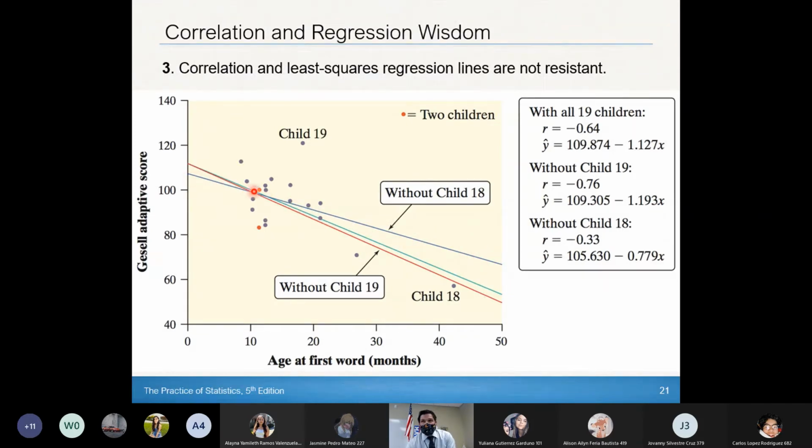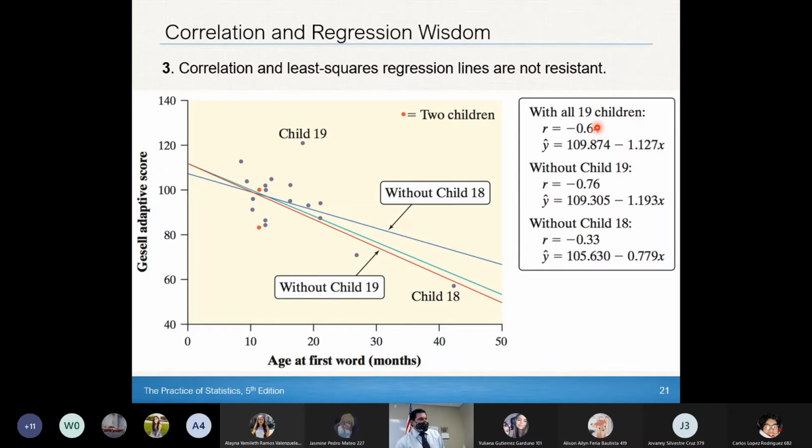It's going to be a little bit less steep and a bit more accurate to the cluster of data. If we remove child 19, we get a more steep line here, obviously because of child 18 over here. So removing those is going to have a somewhat drastic change on the slope of the line.